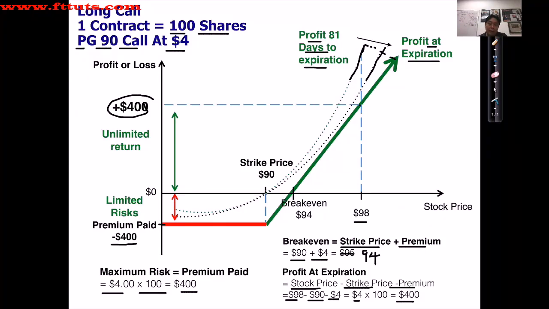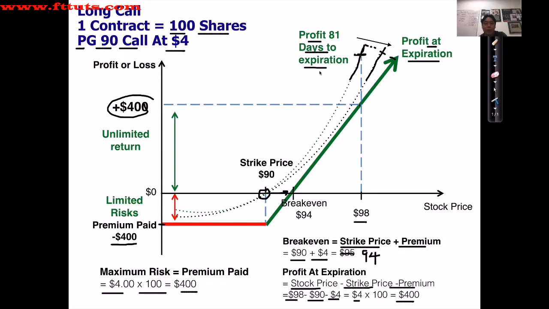And you can see that currently our break-even price is $90. We break even at $90, which is the price today. But as we wait and as it moves towards expiration, notice the break-even price from $90 would eventually move to $94 at expiration. If the price can reach $98 right away, notice that we will make a lot more money up here.